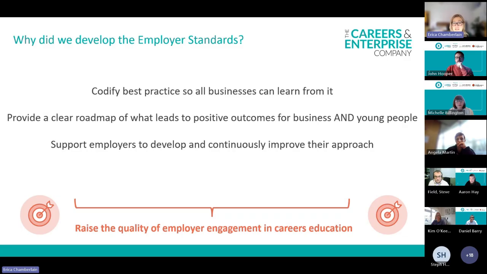And really our ambition has been to articulate that best practice, but really to ensure that we are supporting employers to develop and continuously improve their approach. And so ultimately that leads to us raising the quality of employer engagement in careers education. And that's where this has been built from.